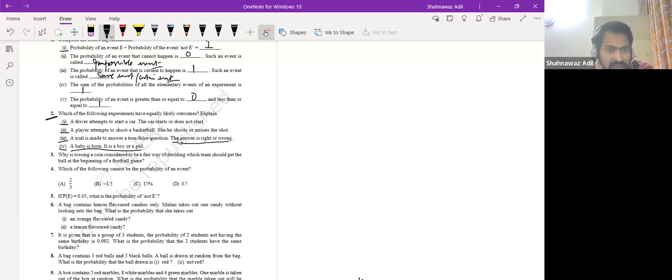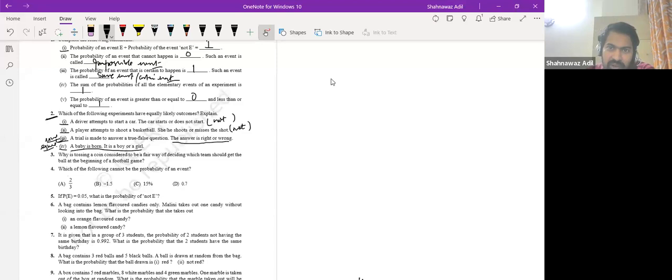If the student knows the answer, then he will always write the right answer, right? Yes, sir. So from NCERT, this is not, and this is not, and this is equal, and this is equal, right?